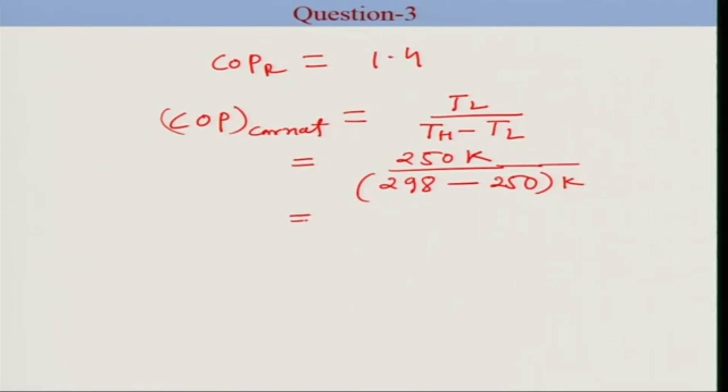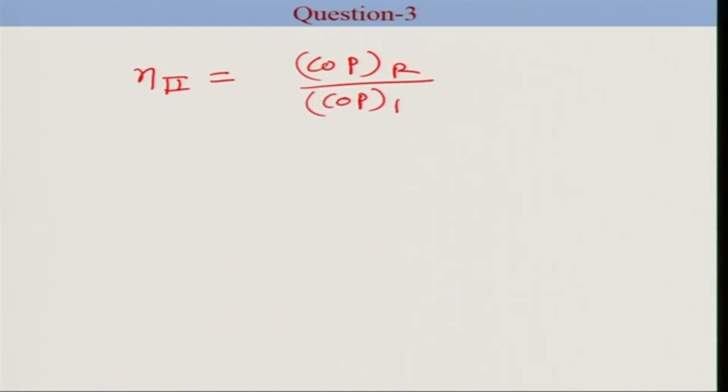So after solving it we get 5.208. So the second law efficiency, eta, equals the COP of the actual refrigerator to the COP of the refrigerator when it follows the Carnot cycle.